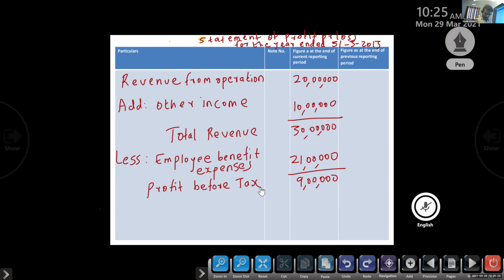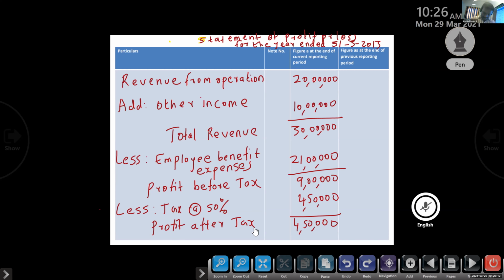Next, less tax at the rate of 50%. Profit after tax.